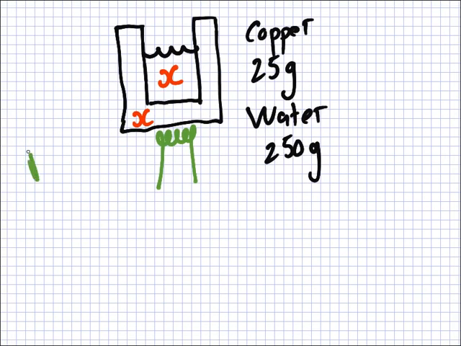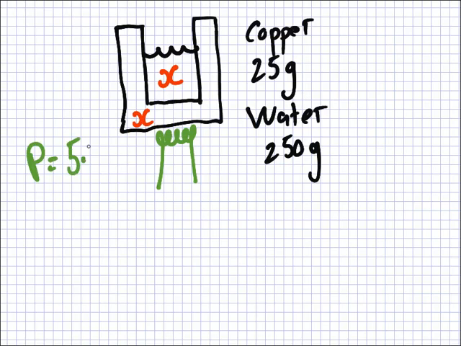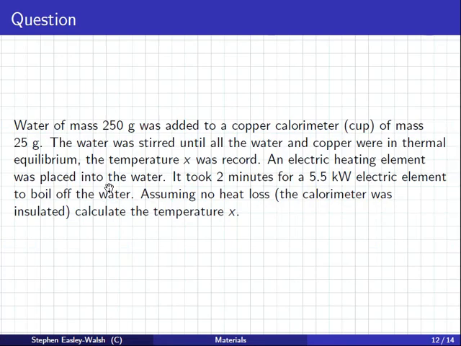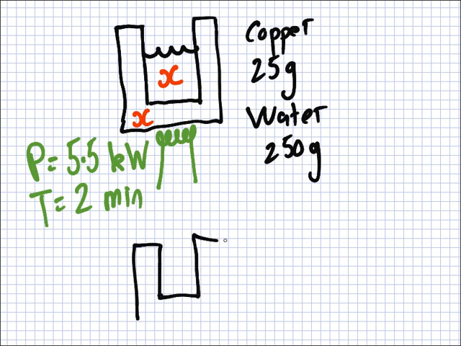The power is 5.5 kilowatts, and you run this for a total of 2 minutes. And after the 2 minutes, what you are left with is nothing. The last bit of water boiled away.